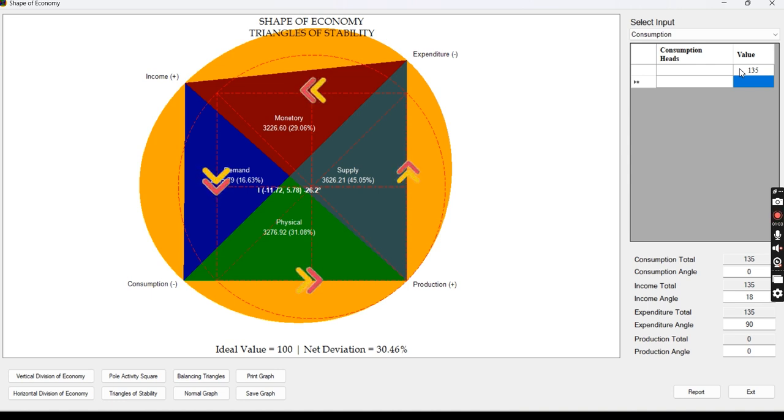So now you can see that the physical availability has increased from the earlier value of 2500 to 2276, and supply has also gone up in similar proportion to 2625.